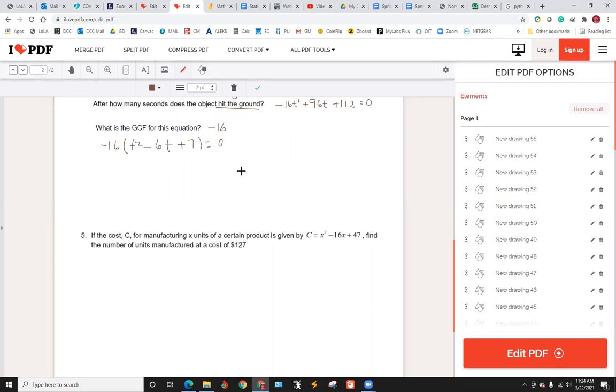Now, if we were factoring a quadratic, factoring a trinomial, and they wanted to see all the factors, then the negative 16 has to go along with it. But since there's no x in there, it does not yield a solution. So the only thing we have to worry about factoring is this one.